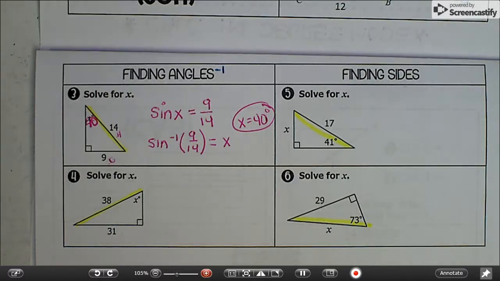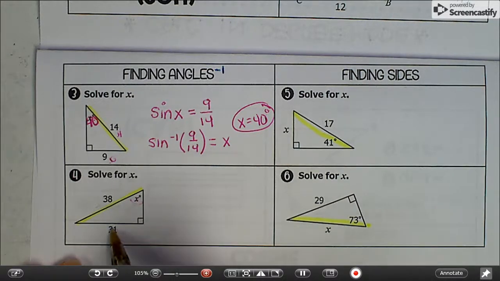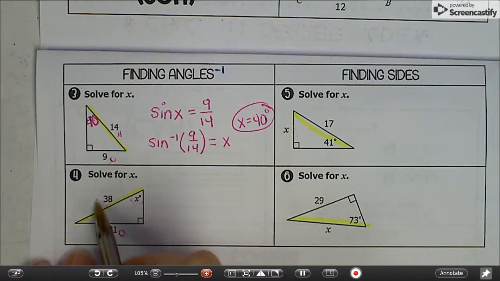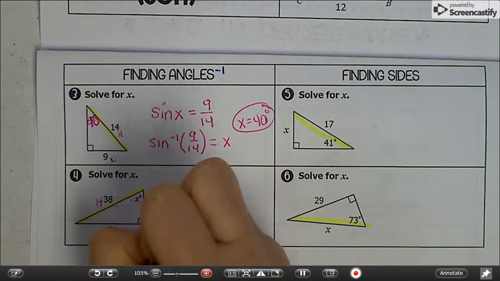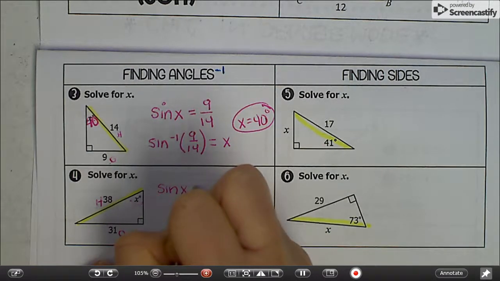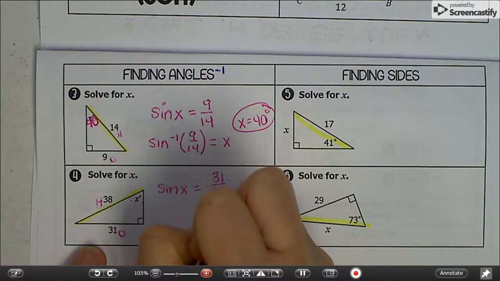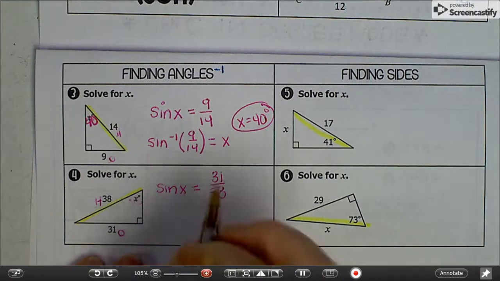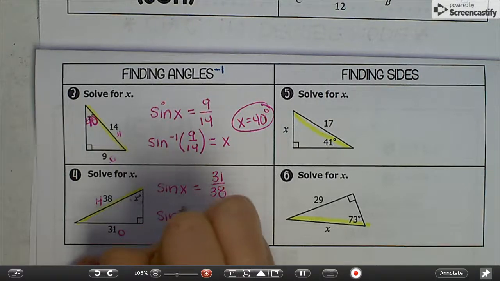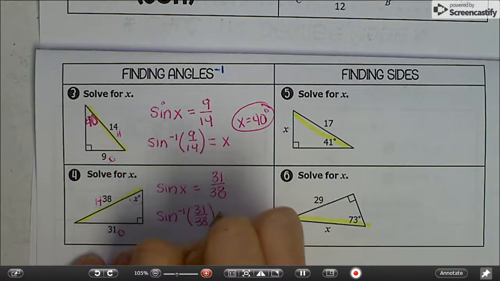All right, so we're going to find an angle again. From this angle, we have the opposite side and the hypotenuse. So this is sine. Sine x equals opposite over hypotenuse. Because the x is here and we're looking for the angle, we're going to use the inverse sine and put our sine ratio in there.